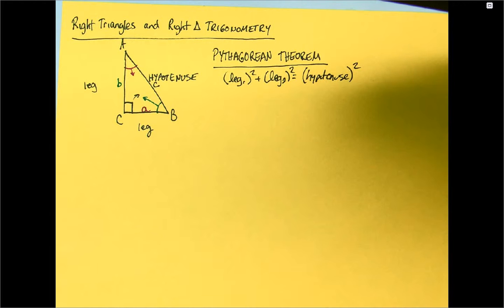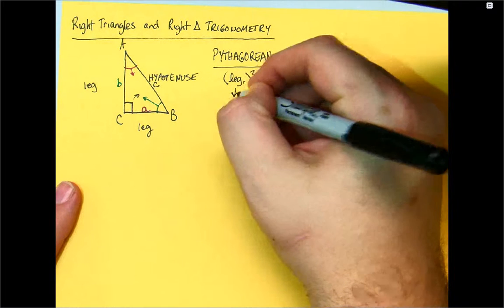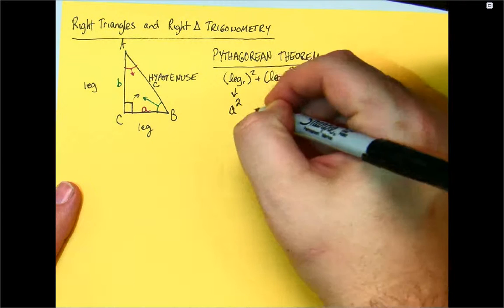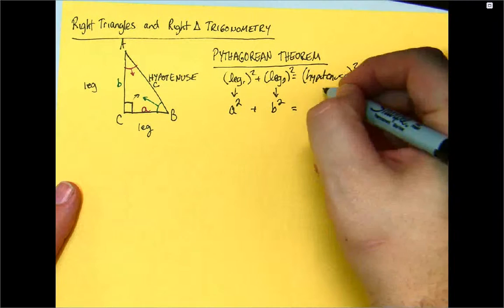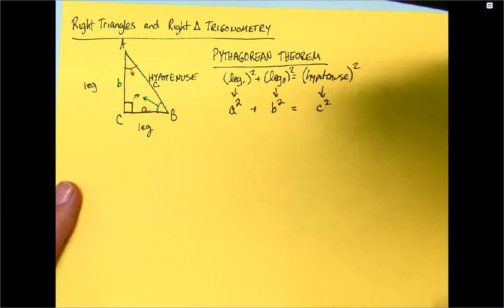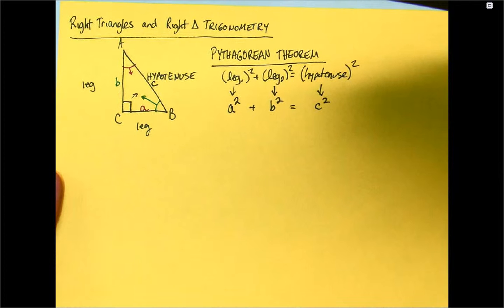Leg 1 squared plus leg 2 squared equals the hypotenuse squared. This guy we change usually to a squared. This guy we change usually to b squared. And this guy is c squared. So this a squared plus b squared equals c squared idea is something that just doesn't go away.